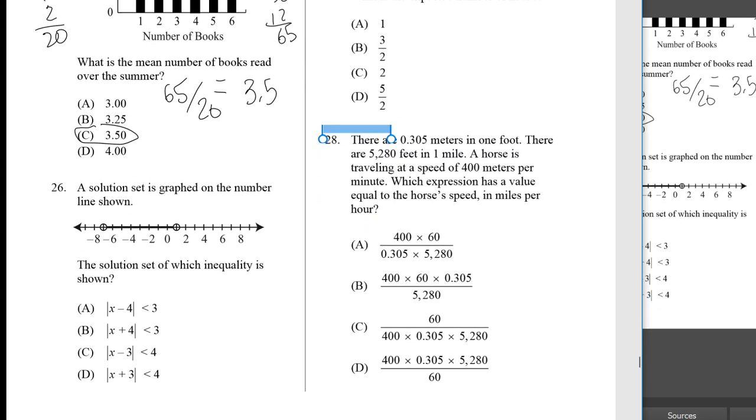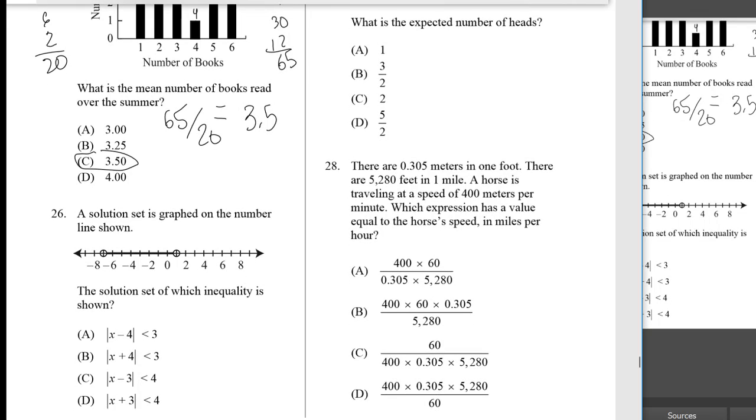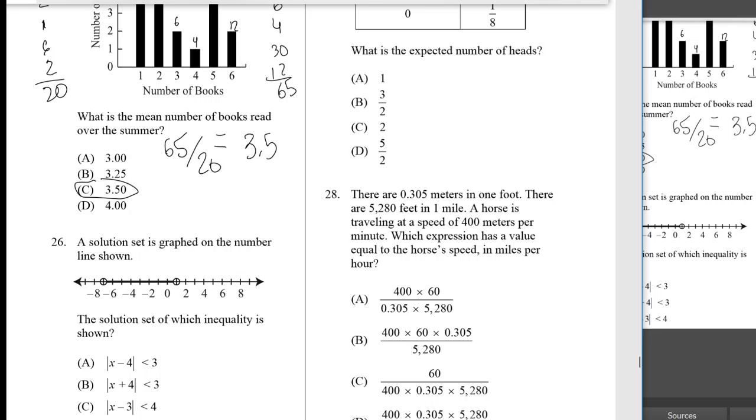Alright, number 26, you shouldn't have too much of a problem with, just simply because you've done enough problems like this. It shouldn't be too bad.